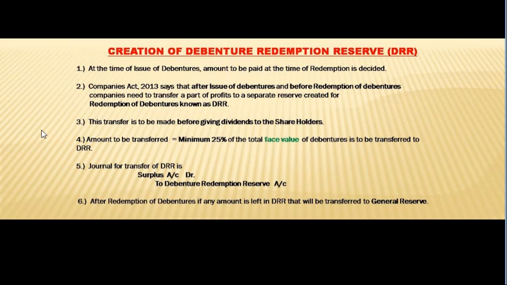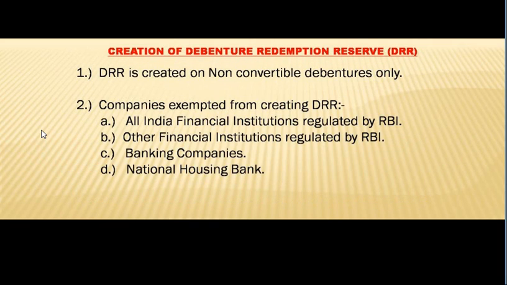Right? Then what is the journal entry for transfer to DRR? The journal entry is surplus account debit to debenture redemption reserve account. Clear? After the redemption of debentures, if any amount is left in DRR, that will be transferred to general reserve. Clear? Then I told you that DRR is created on non-convertible debentures. Right?